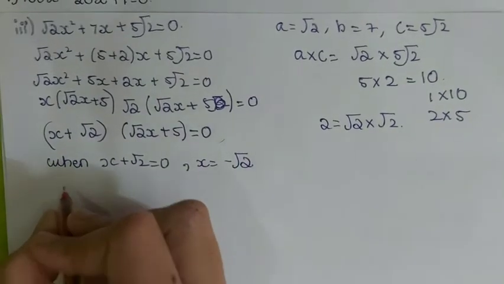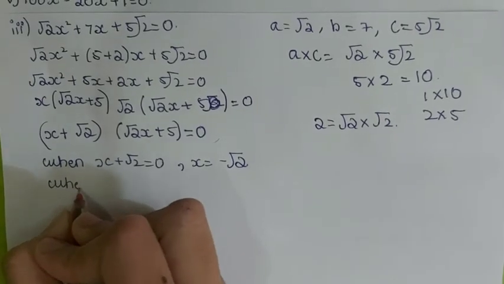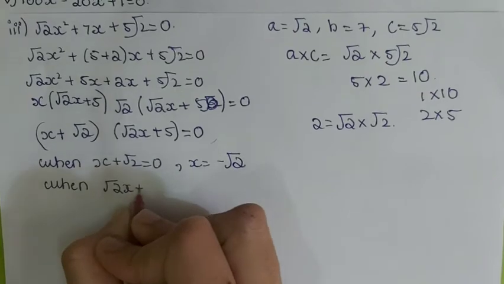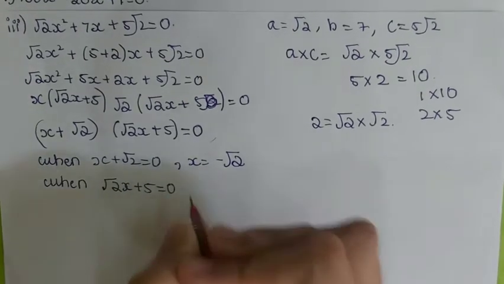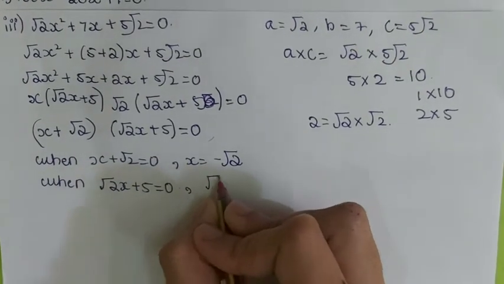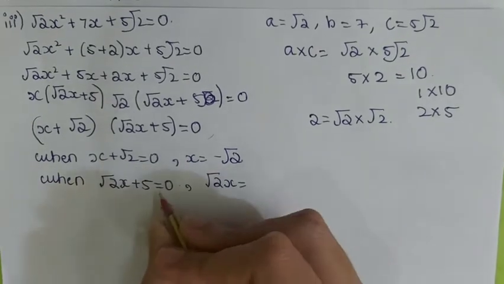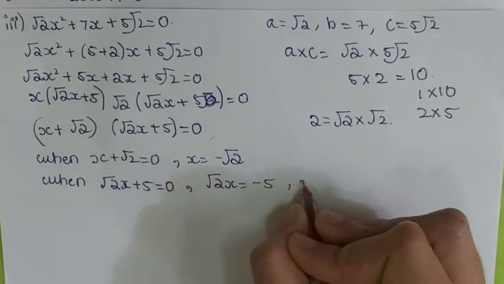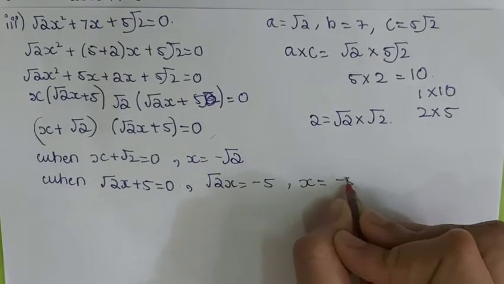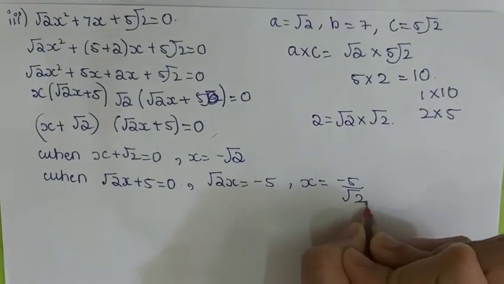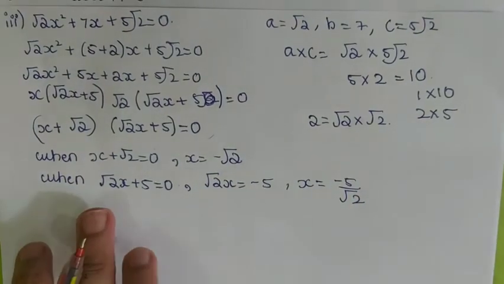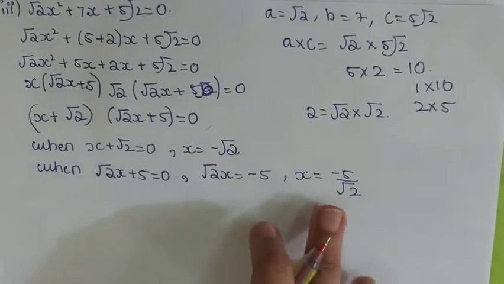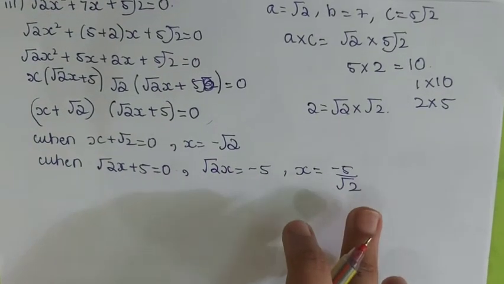Next, when root 2 x plus 5 is equal to 0, 5 on the other side becomes minus 5, and x is equal to minus 5 by root 2. So here we got our first root, minus root 2, and the second root, minus 5 by root 2.